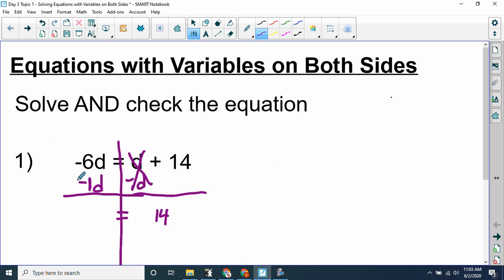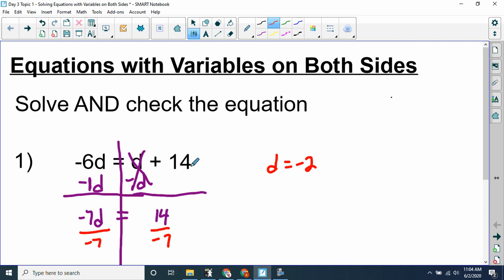Negative 6 minus 1, they're both negative, so I'm going to add 6 plus 1 is 7. Negative 7d's. And now I've got a one-step equation. Negative 7d equals 14. Negative 7 times d, so I cancel out multiplication by dividing both sides by negative 7. And I get d equals negative 2.